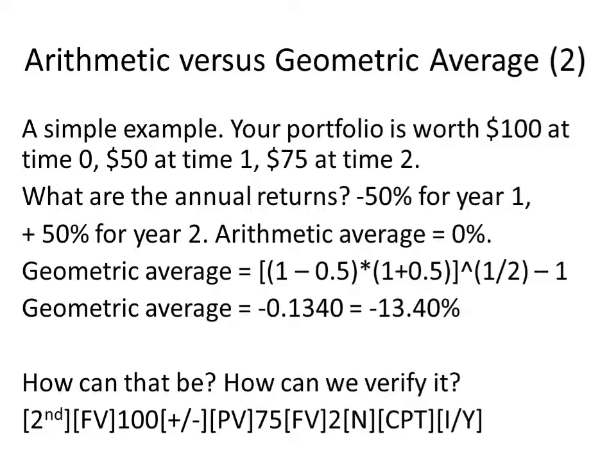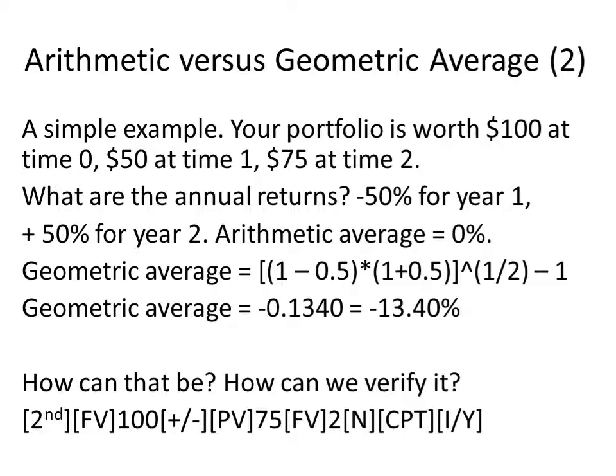What are your annual returns? Well, we figure returns, we're talking about capital gains here. Well, we figure the returns by taking time 1 price minus time 0 price divided by time 0 price. So 50 minus 100 divided by 100 is minus 50% for year 1.